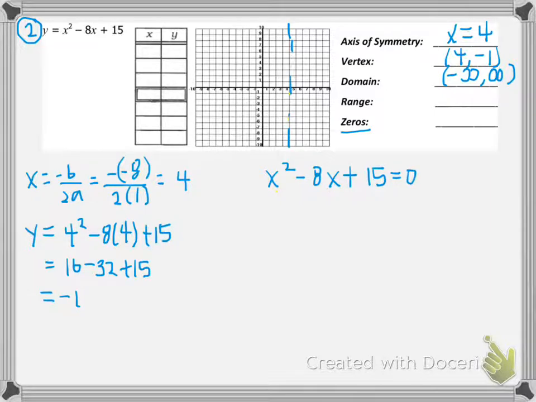So I'm trying to find the zeros, I'm trying to find where it crosses the x-axis. Can I factor that? x squared minus 8x plus a 15 is equal to 0. So what multiplies together to give you 15 and adds together to give you negative 8? So it's going to be an x minus a 3 times an x minus a 5.